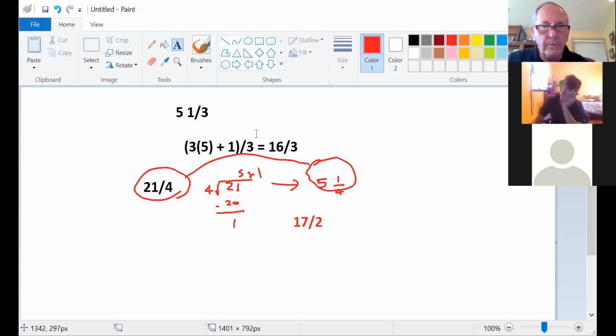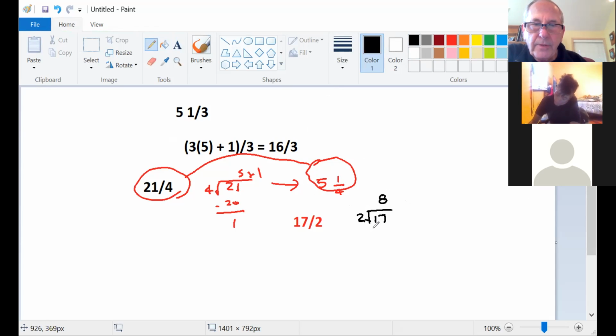So we're going to take the divisor and divide it into the top number. So it becomes 2 into 17, right? How many times does 2 go into 17? It would be 8, right?